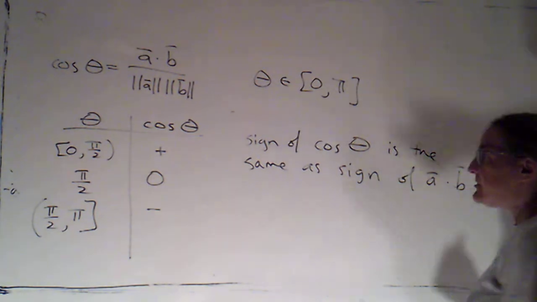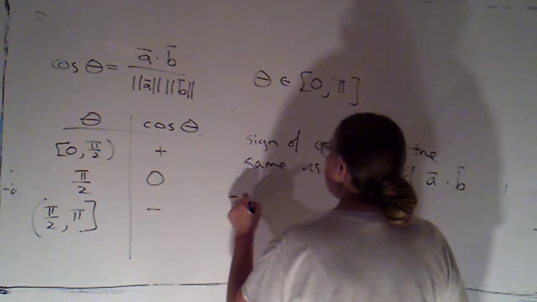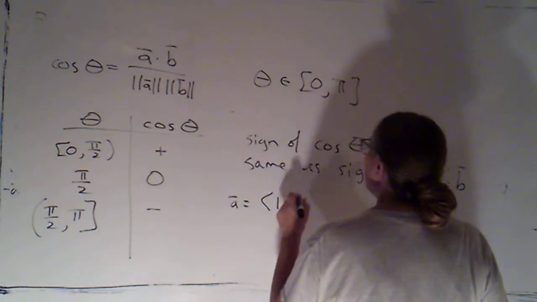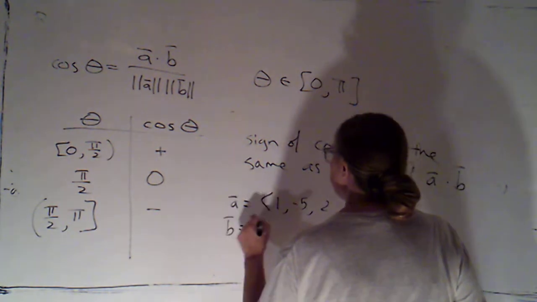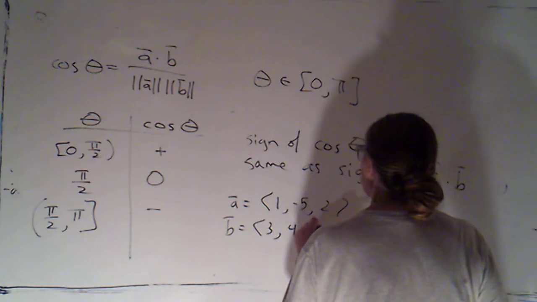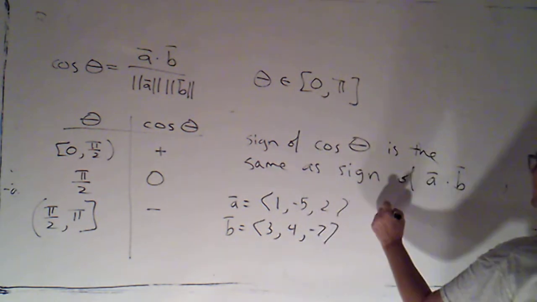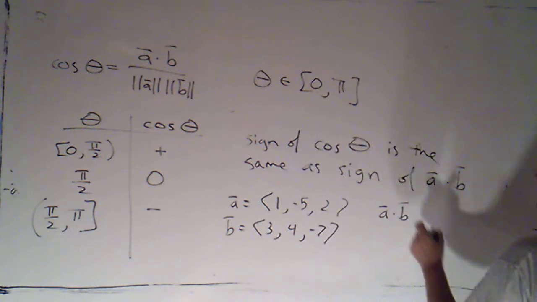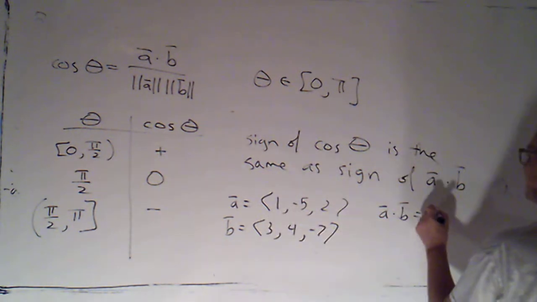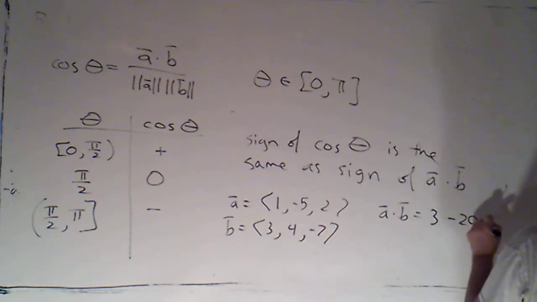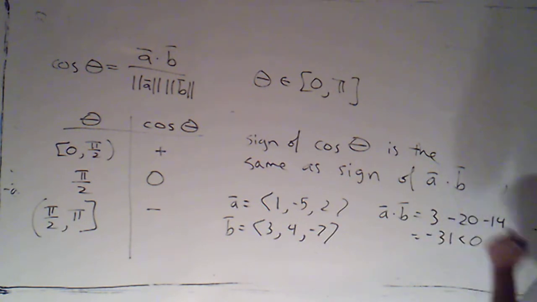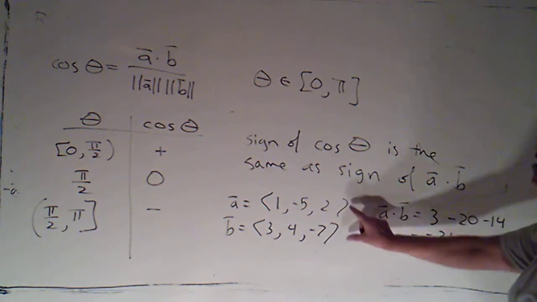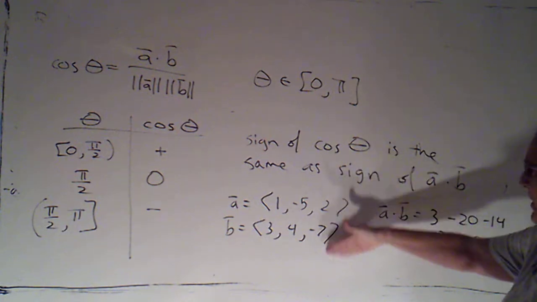Okay. So, for example, if I had A equals 1, negative 5, 2, and B equals 3, 4, negative 7, A dotted with B is equal to 3 minus 20 minus 14. That's negative 31. That's a negative number. Now, looking at this, these vectors are not parallel.